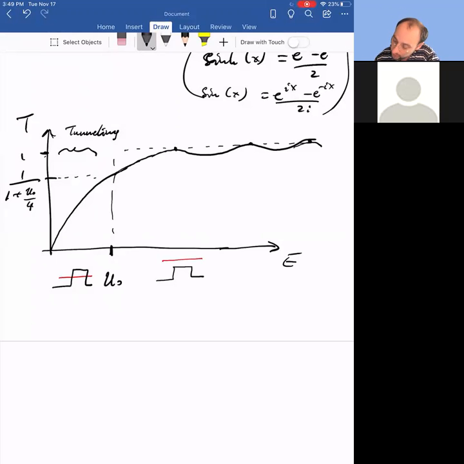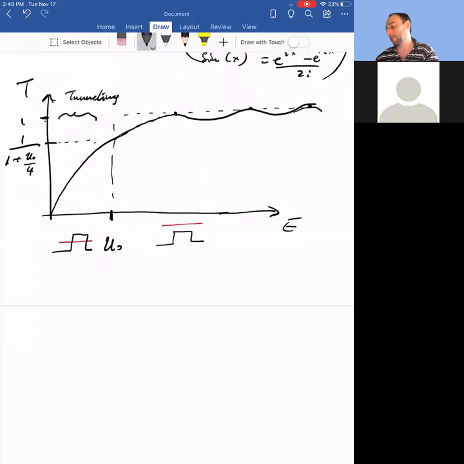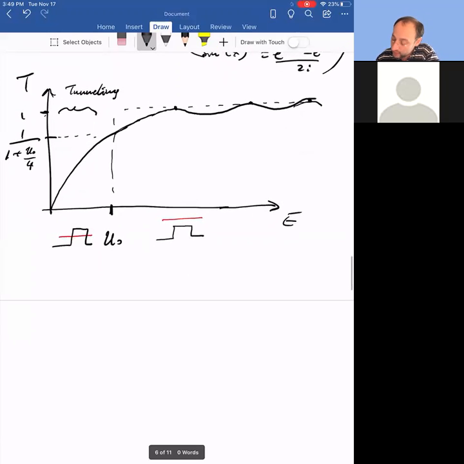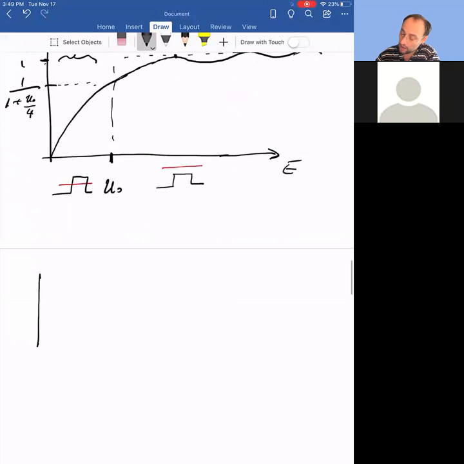I think they also talk about superconducting quantum interference devices. It also uses tunneling junctions, some kind of superconducting junctions that use tunneling.